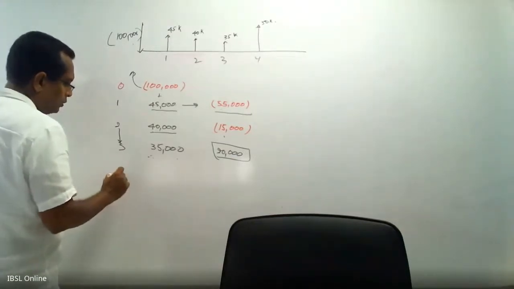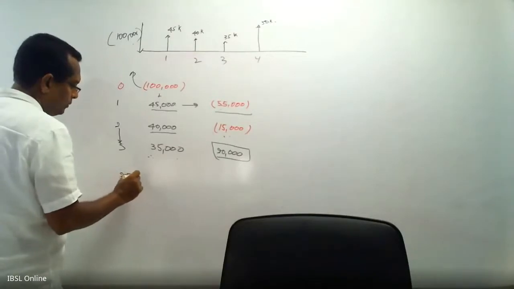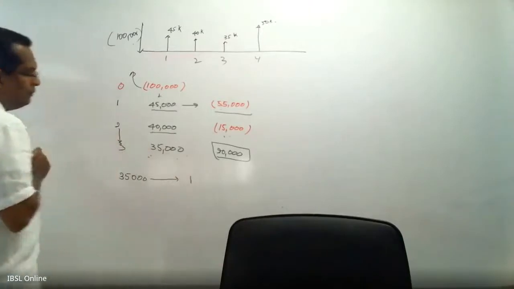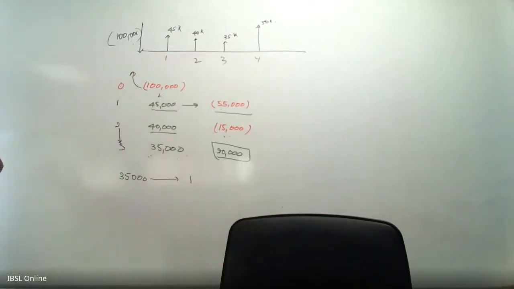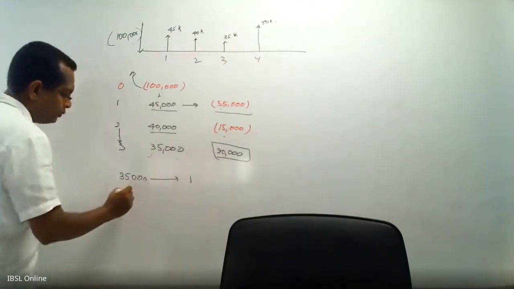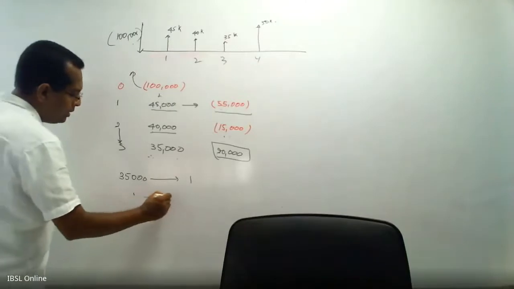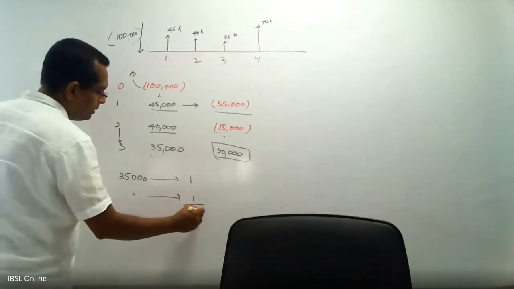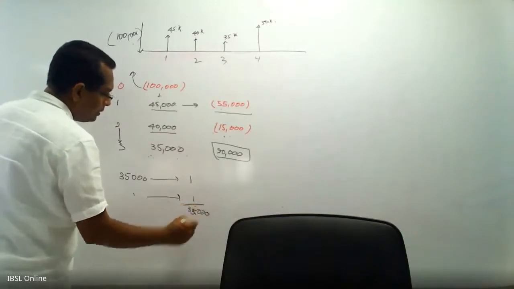In order to get 35,000, you have 1 year. Now what you want is to find out how many years you need to get 15,000. 1 divided by 35,000, right?